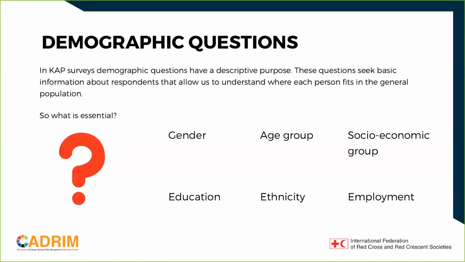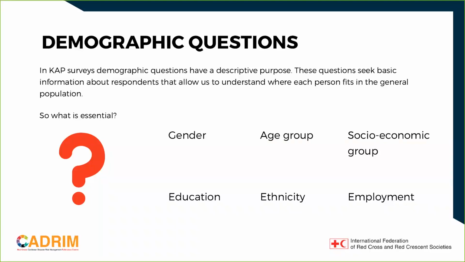The questions seek to answer basic information about respondents that allow us to understand the profile of each individual, where they fit into the general population, and in so doing, it allows the researchers and the data analysis experts or officers to then compare groups with one another.